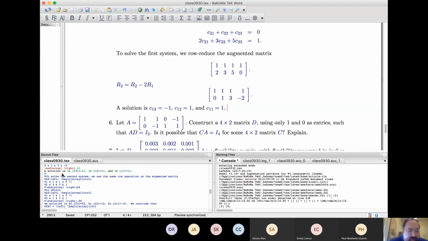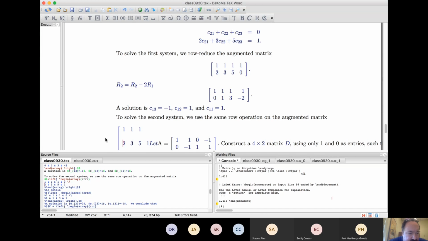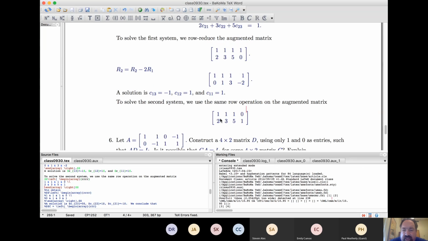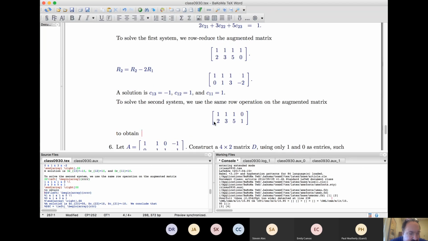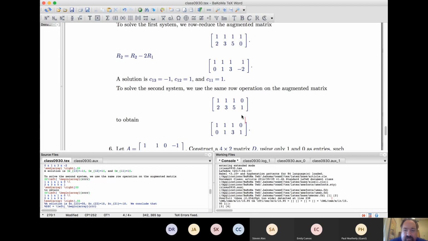So we do the same thing for the other row, the second row. Almost the same system. Here we have the second row of the identity. But the row operations will be exactly the same because the coefficient matrix is the same. So we quickly get our echelon form.